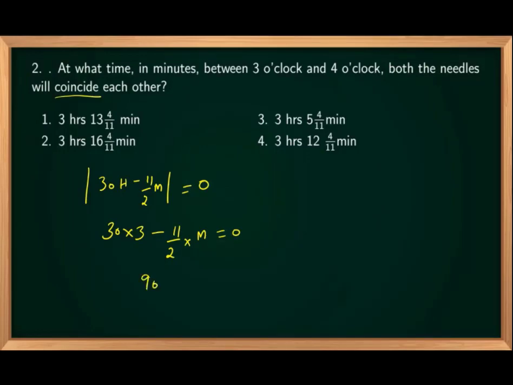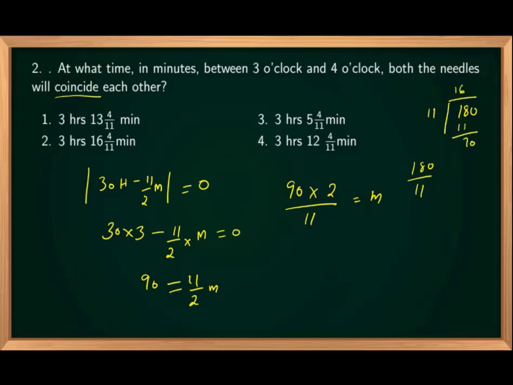Then solve this for finding m. 30 into 3, 90. 90 minus 11 by 2 into m equals 0. So 90 equals 11 by 2 into m. 90 into 2 divided by 11 equals m. That means 180 divided by 11. By usual division we can find: 11 into 18 is one time, 11, then 70, 6 times 66, remainder 4.